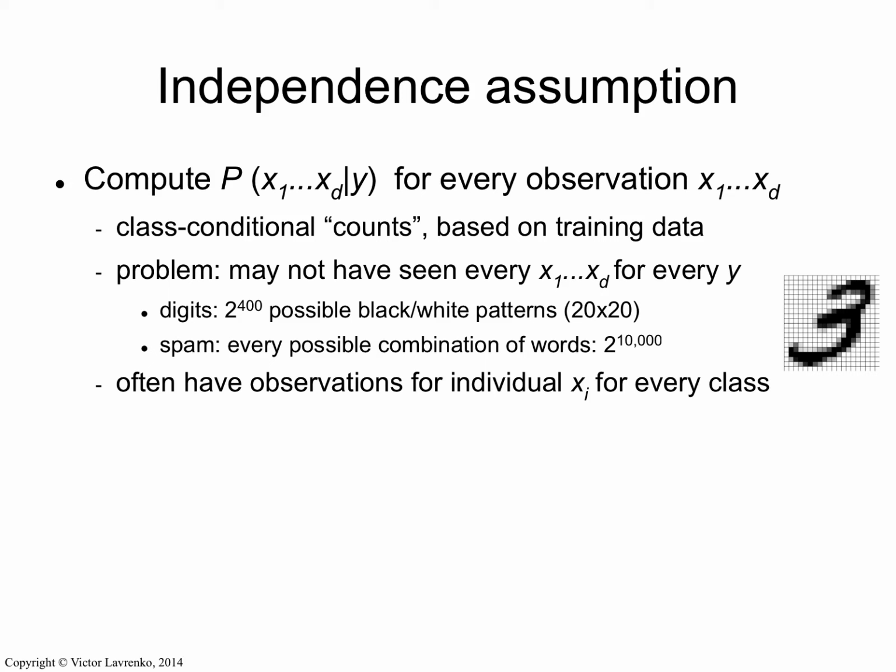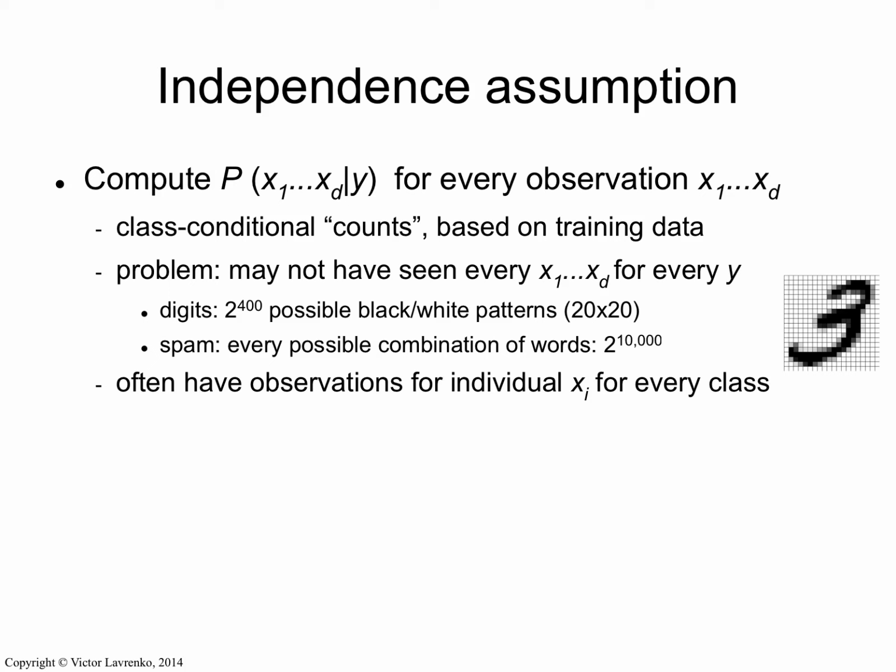And the reason for that is, think about the total number of bitmaps that you're considering. If you have a 20 by 20 binary bitmap, that's 400 variables. Each pixel could either be 0 or 1, black or white. So you're talking about 2 to the power of 400 possible bitmaps. That's how many bitmaps there are.